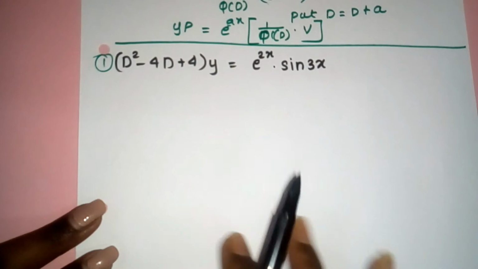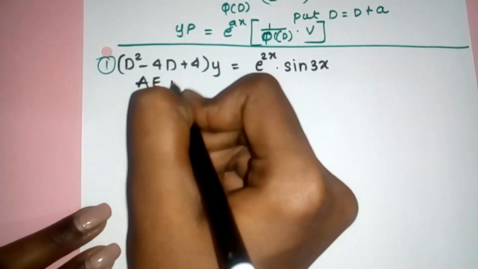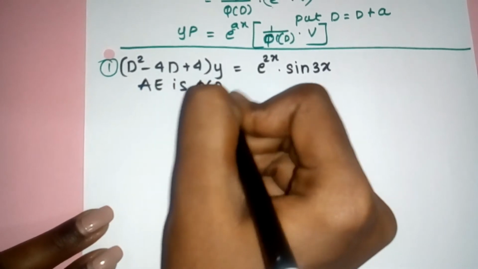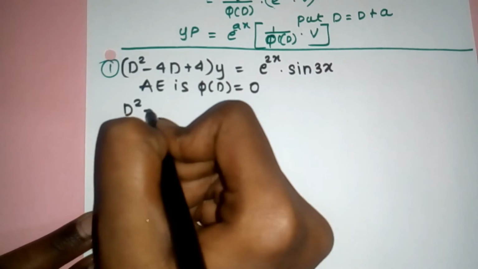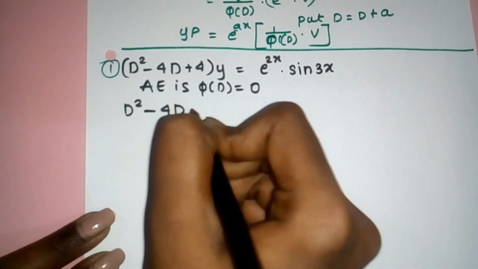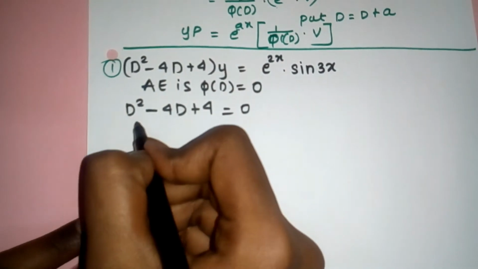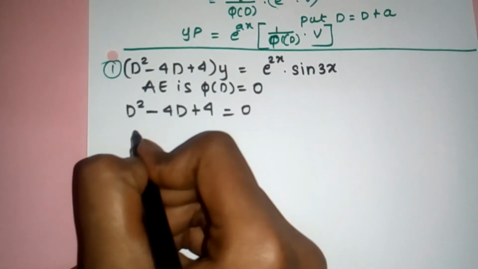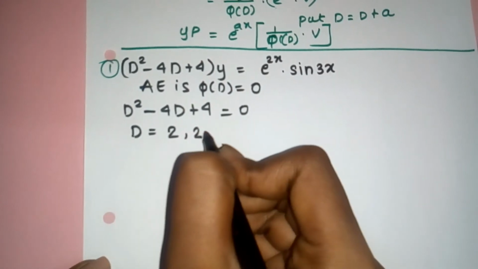So let's start. First we'll find yc. So auxiliary equation phi of d is equal to 0. So d square minus 4d plus 4 is equal to 0. Now we'll find the roots, and the roots will be d is equal to 2, 2.